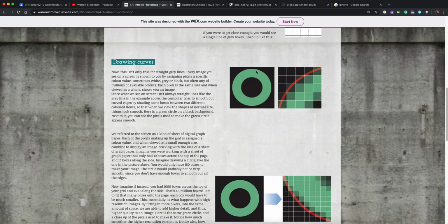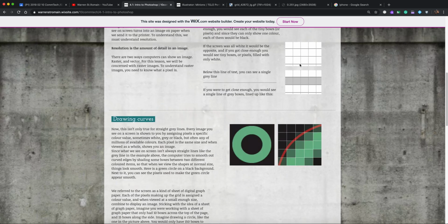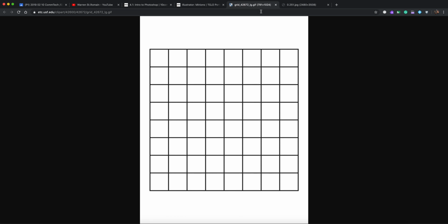Now, if we get back to this idea of graph paper, let's say I've got a grid that is 8 by 8, and the squares can only be either white or black, and I want you to draw me a circle. It's going to be tough to get any real detail.